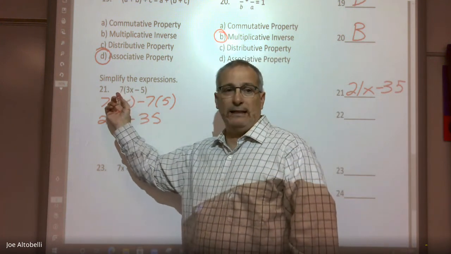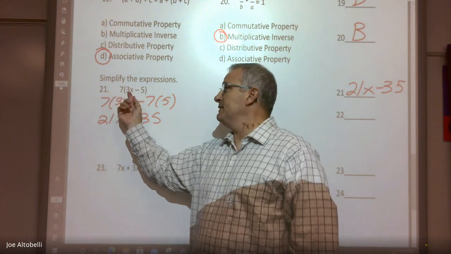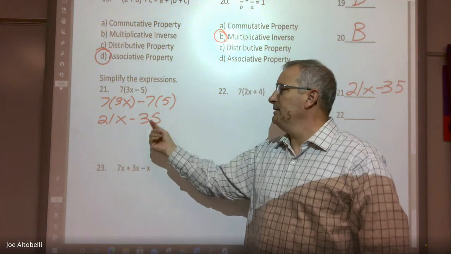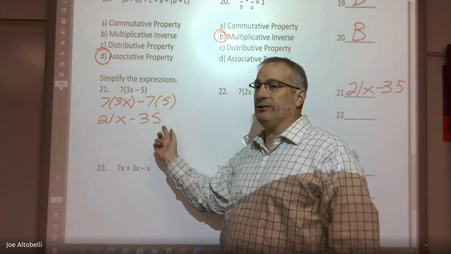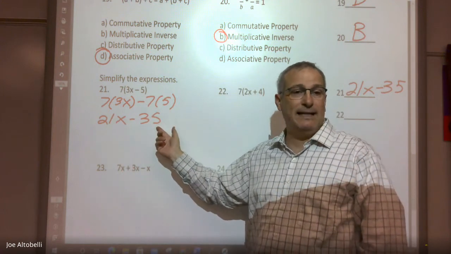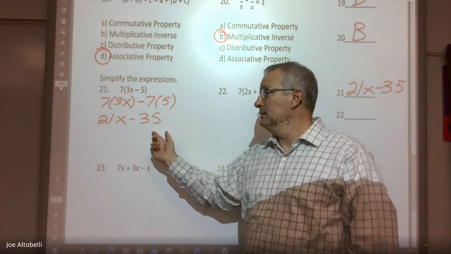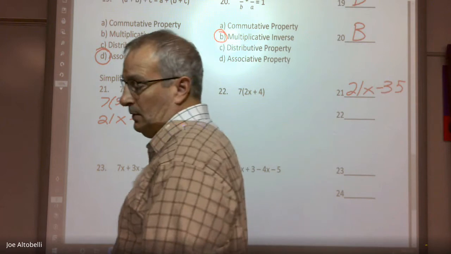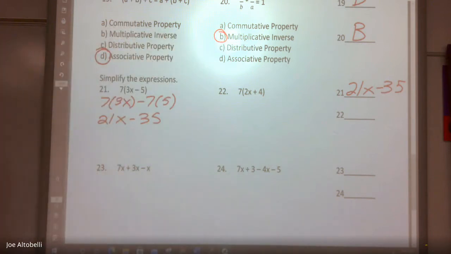You multiply the distributive property, you multiply the 7 times the 3x minus the 7 times the 5. So you get 21x minus 35, or you could have plus a negative 35. Same thing, okay? 21x minus 35 or 21x plus a negative 35, either one. Number 22.